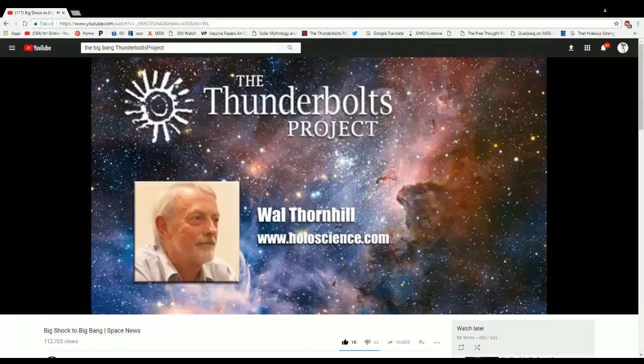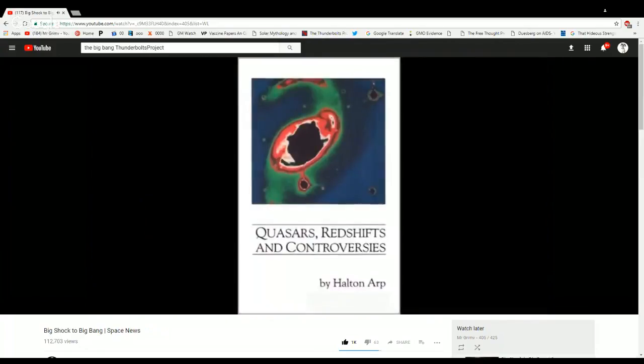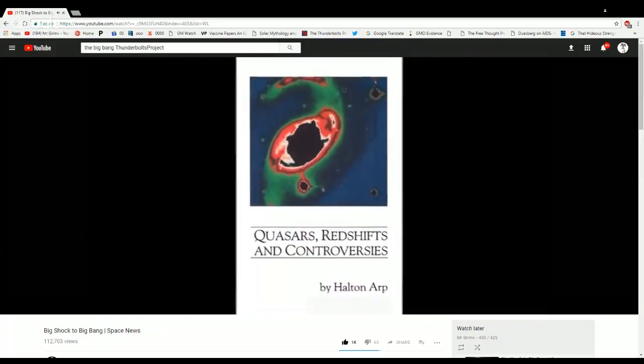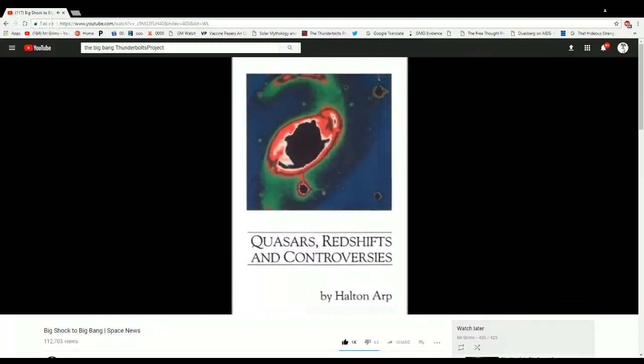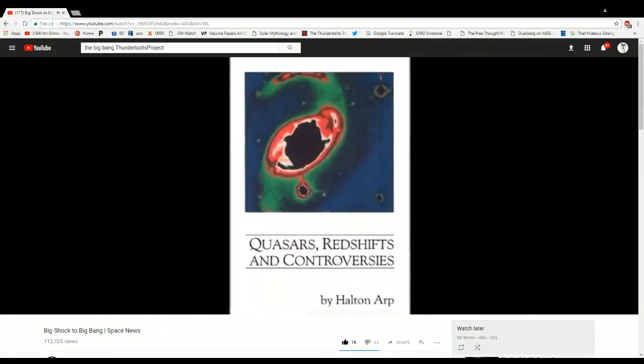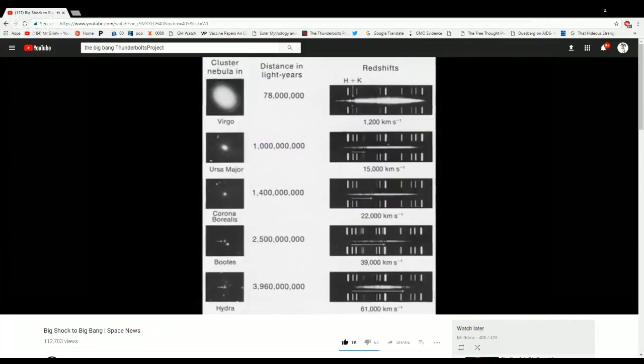Of course, the Electric Universe sees all of this as being confirmation of Halton Arp's work of decades ago, where he actually predicted that these highly redshifted objects, the quasars, would appear to be larger and larger and brighter the higher the redshift, simply because of this idea that the redshift is a measure of the distance.